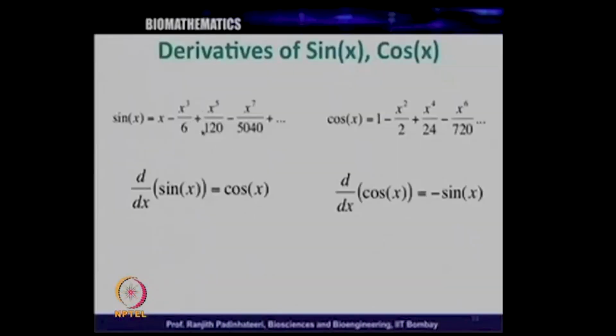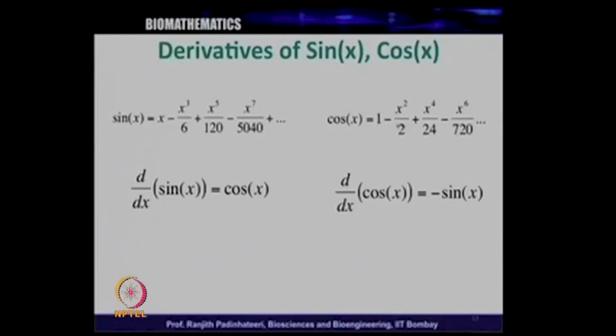As you see here, last time we had seen the functions sin x and cos x, they are periodic functions, and they can also be written as a sum of a series of x, x square, x cube, etc. So basically sin x is x minus x cube by 6 plus x power 5 by 120 minus x power 7 by 5040 plus so on and so forth.